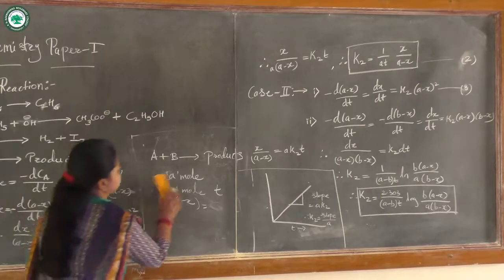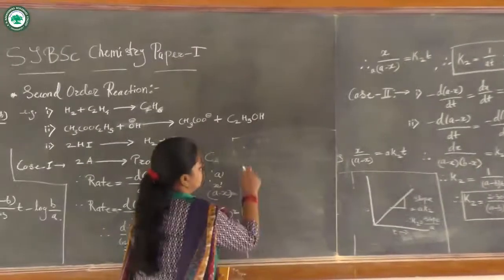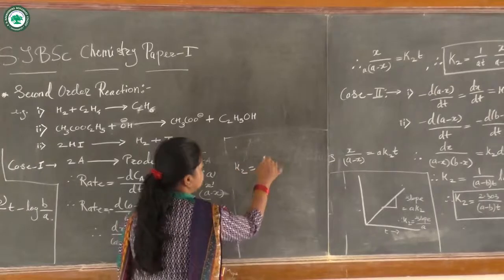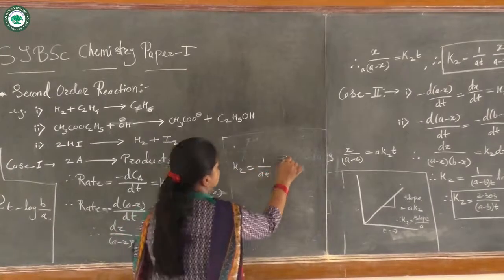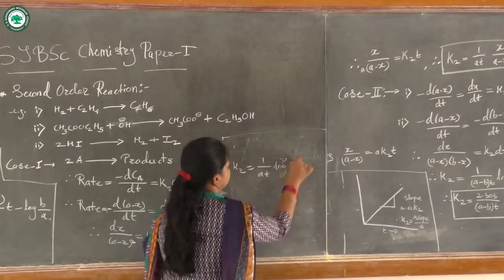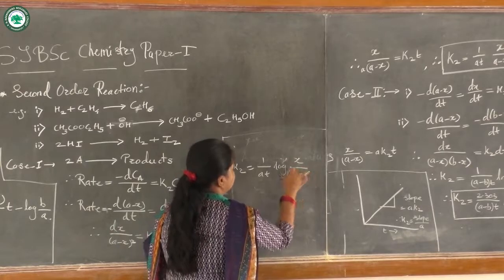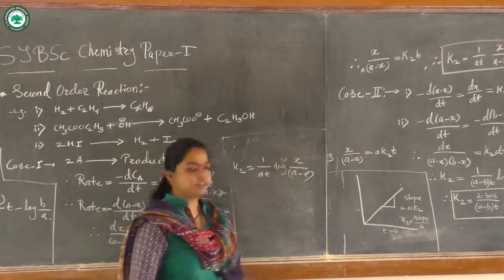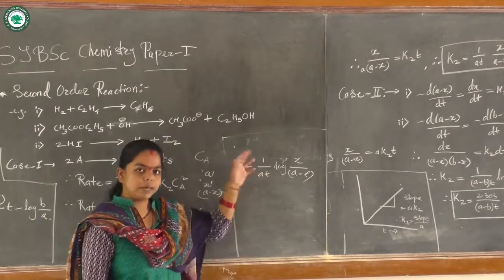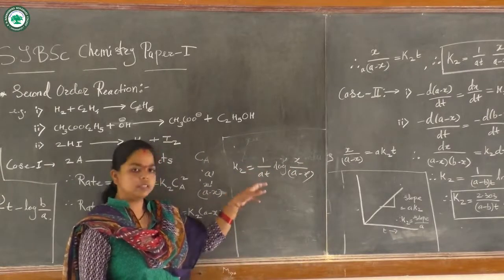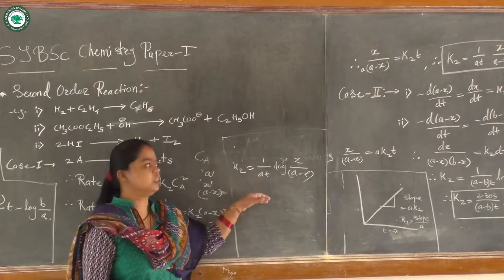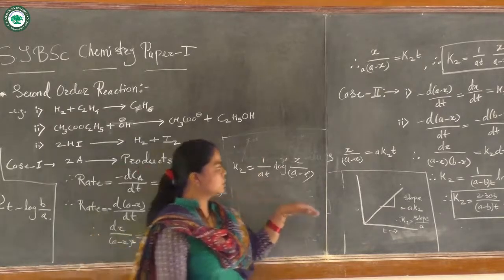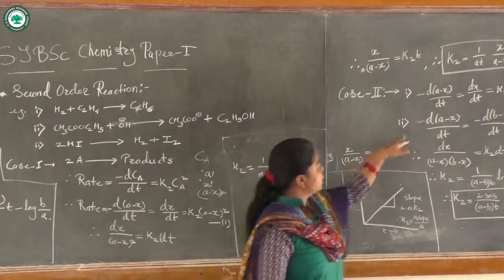So we are getting the final equation again, K2 equals 1 upon At into log of x upon A minus x. So a similar equation we get if we solve this equation similar to case first by taking the integration within the limits for x and t. So it is not necessary to write it again.